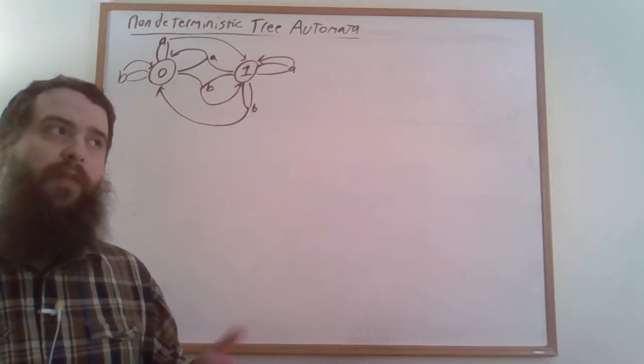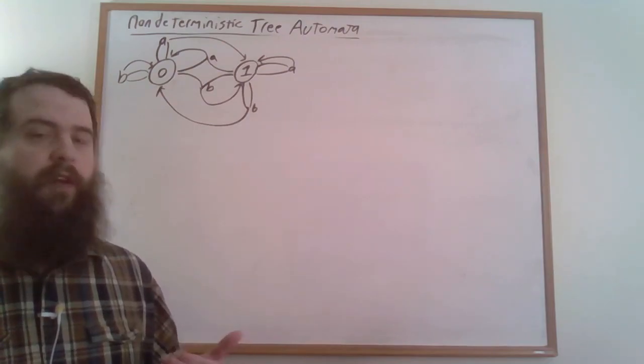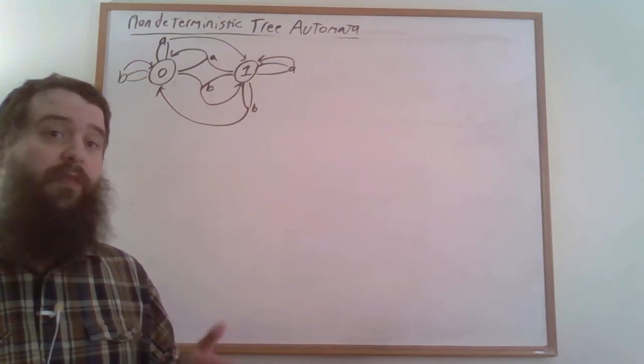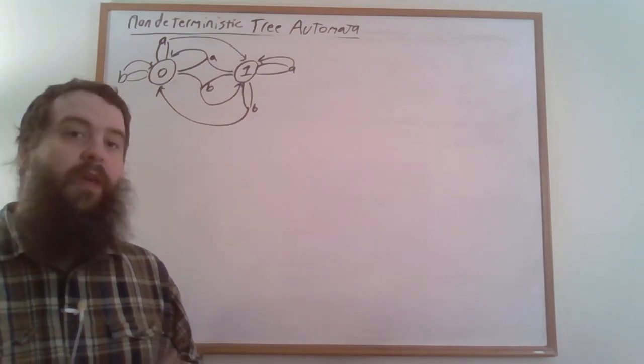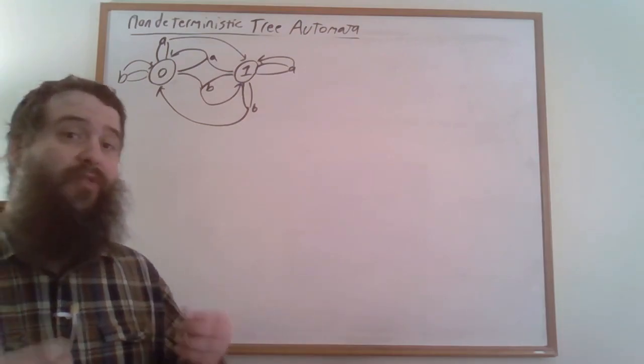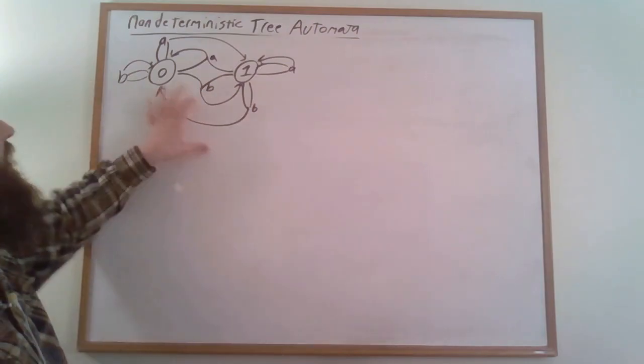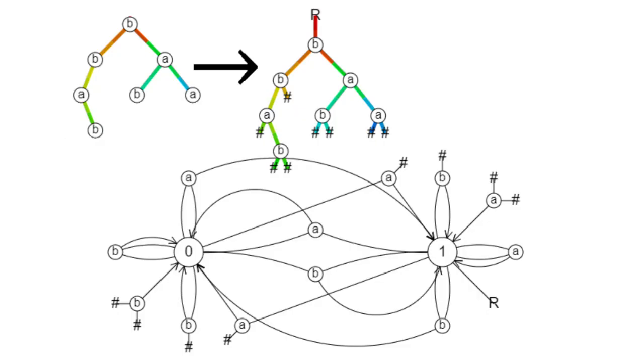And just like how with ordinary non-deterministic word automata, we could make sense of paths through graphs from start states to end states, we can also make sense of embedding a tree word into one of these transition diagrams. Just to make things work out nicely, I'm going to wind up adding special end of branch characters onto the end of every branch and a special root character onto the root, just so that we can keep track of where these ends are.